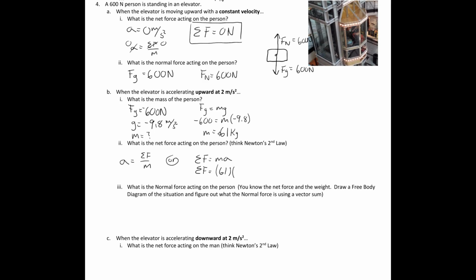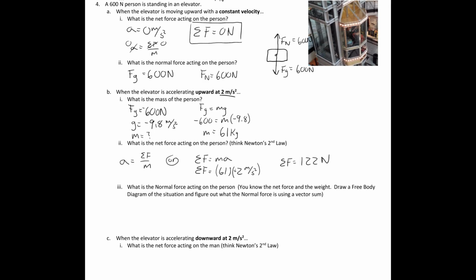Is that negative 9.8? Is it? Look, the elevator's accelerating upward at 2 meters per second squared. So you even put a positive here, showing the direction. So the net force is equal to, what is that, 122 newtons. That's the net force that's causing the acceleration.